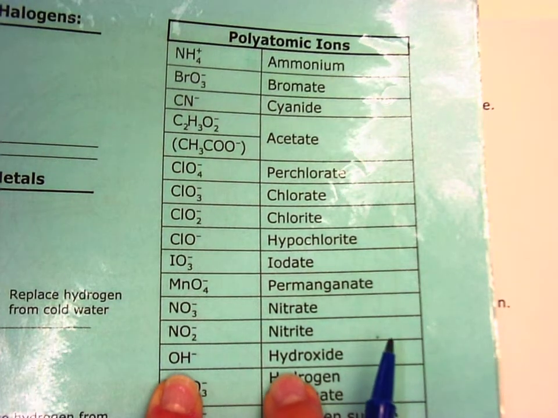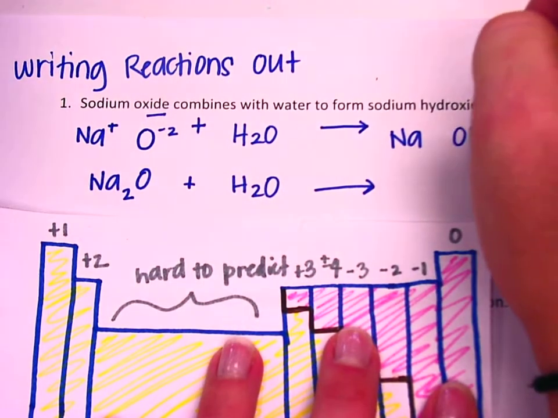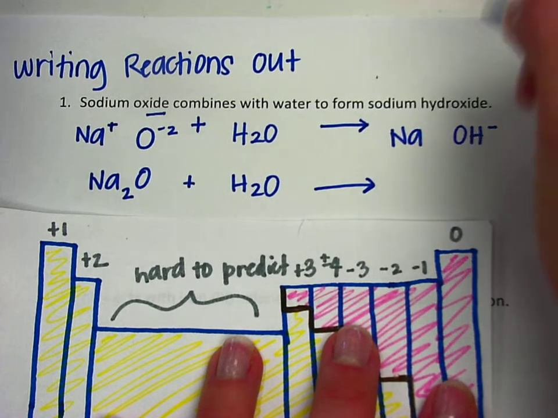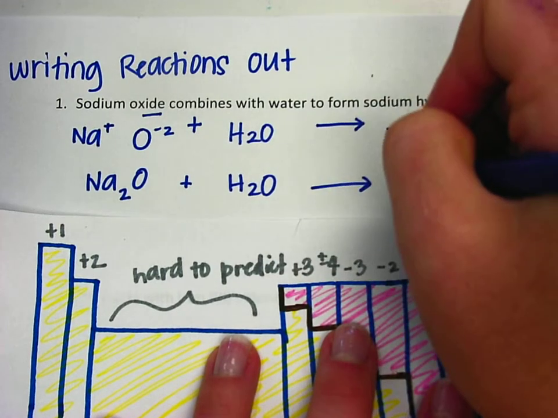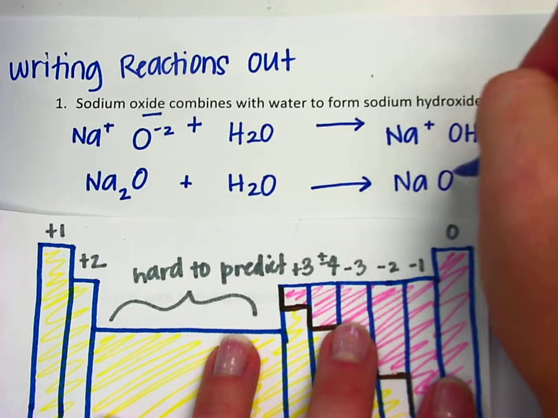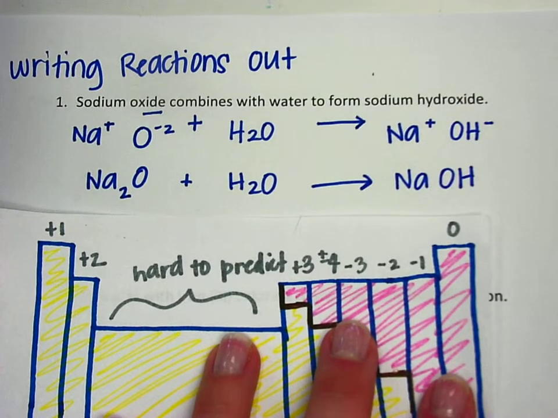Hydroxide is right here, OH-. And so that's what I will put there. Anytime I put 2 new elements or substances together, I have to crisscross the charges if it's an ionic bond. So I will crisscross. They are both 1. So in this case, it's just NaOH. And then you would go back and balance this equation.